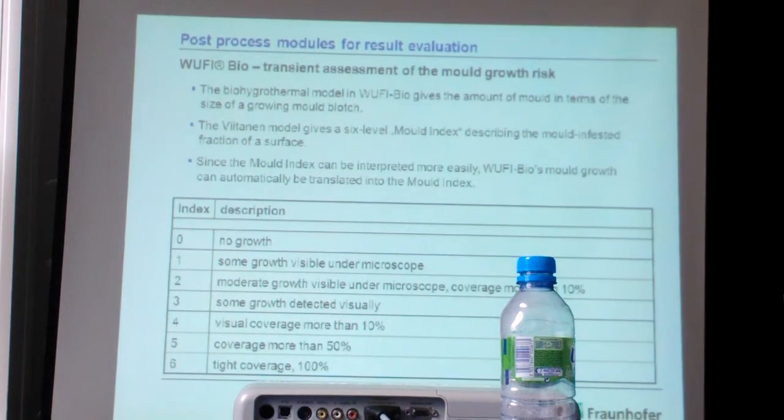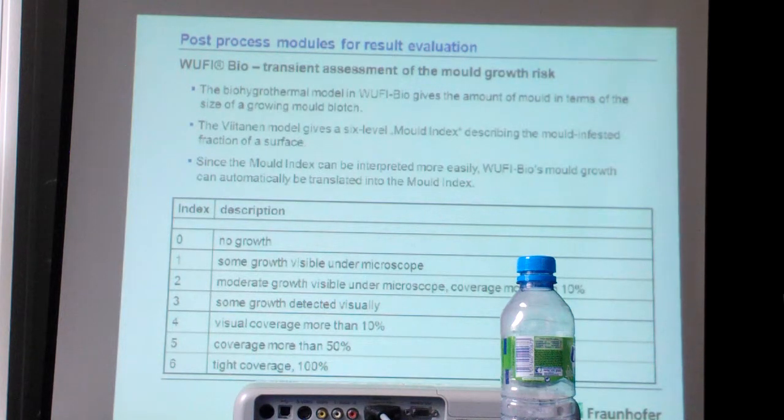If you have 3 or 4, you get a visual coverage, and so that's easier to assess. For example, 4 is 50 millimeters. That's the transferring between the two models.